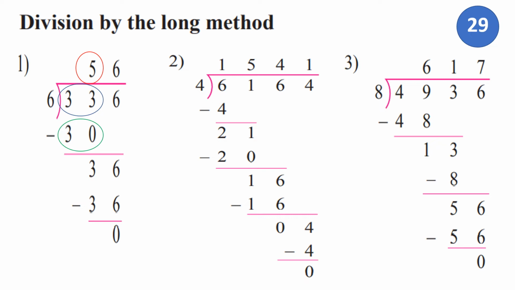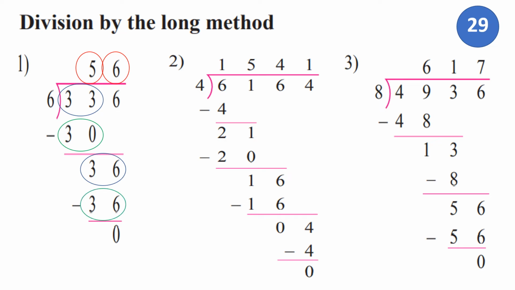Then the next number, 6, bring down 6. Now you have 36. 36 divided by 6 is 6. Correct, students? 6 times 6 is 36.